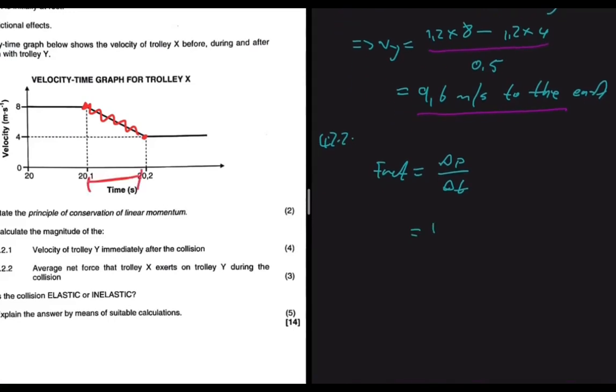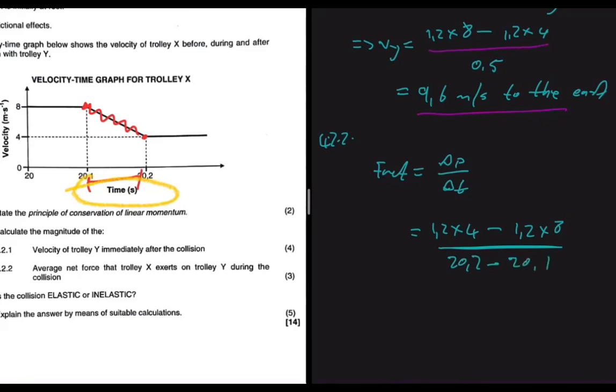Momentum final will be 1.2 multiplied by 4, minus momentum initial, which is 1.2 multiplied by 8, and then divided by the change in time, which I've indicated here in our graph. It happens from 20.1 to 20.2 seconds. So here we're gonna have 20.2 being the final minus 20.1 being the initial.